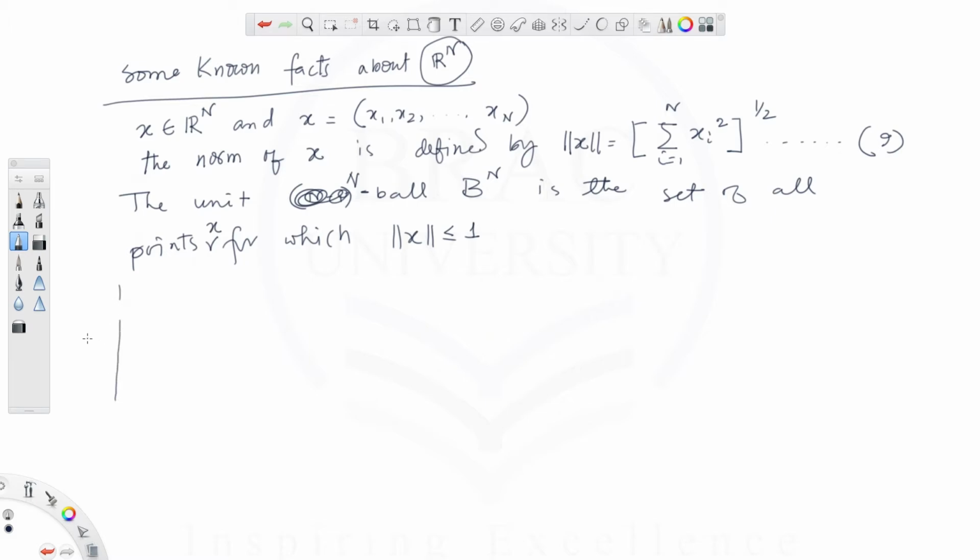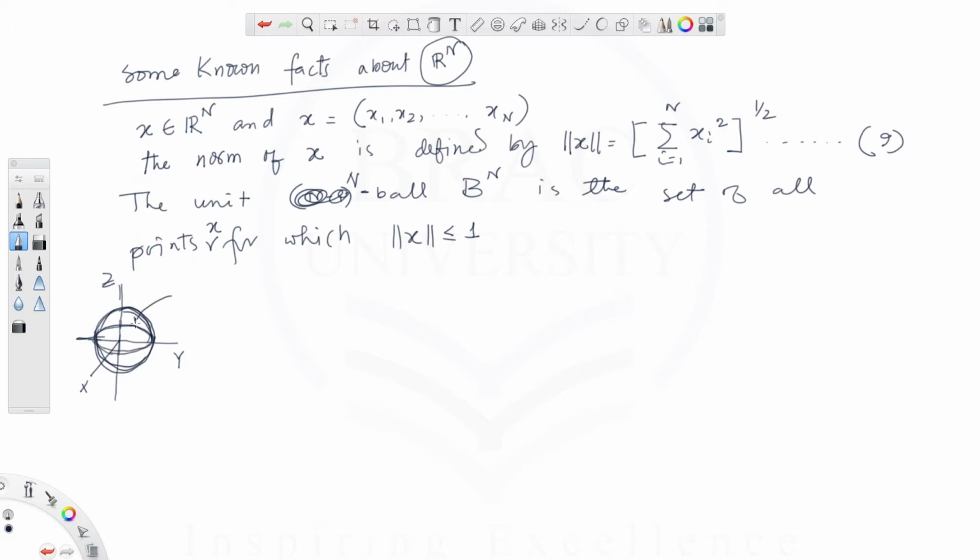Okay, so we can think about it in 3 dimensions. This is the x-axis, this is the y-axis, this is the z-axis, and one can draw a 3 ball here, which is the interior of the 2 sphere, which looks like this.